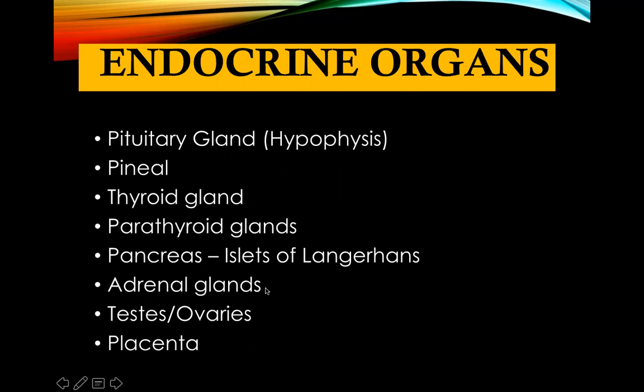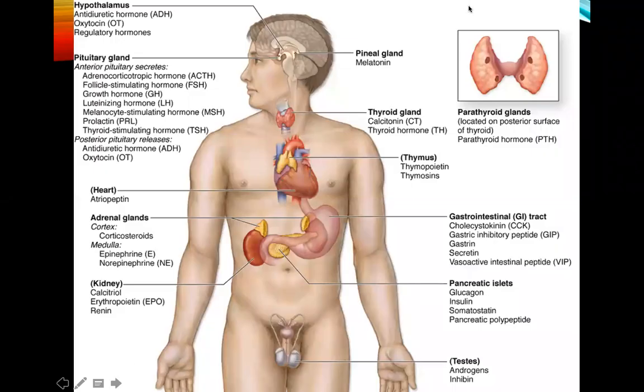The adrenal glands, the testes and ovaries are actually endocrine glands. They produce specific hormones, but we will be discussing separately the testes and ovaries in the female and male reproductive system. And lastly, the placenta. Okay, as an overview, these are the following: the hypothalamus and the pituitary gland.